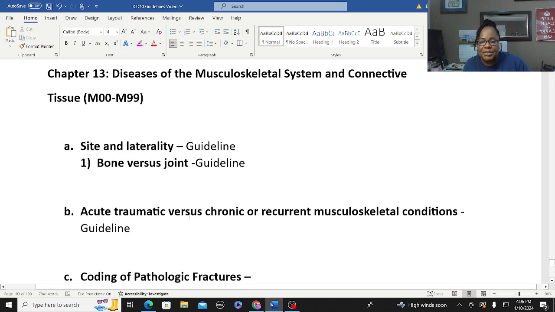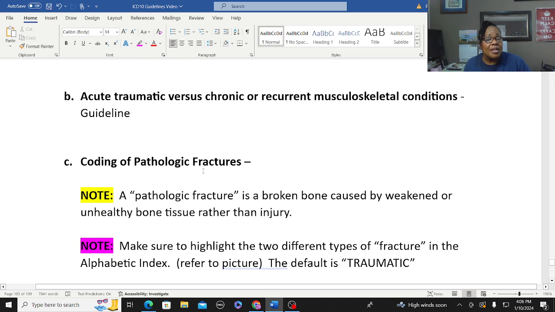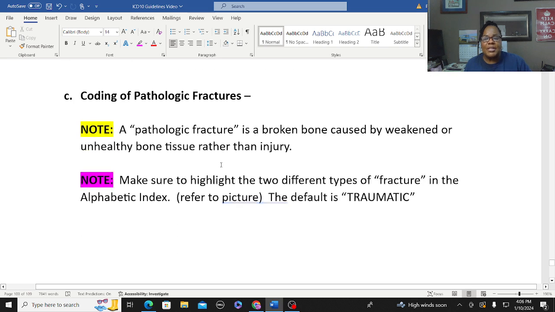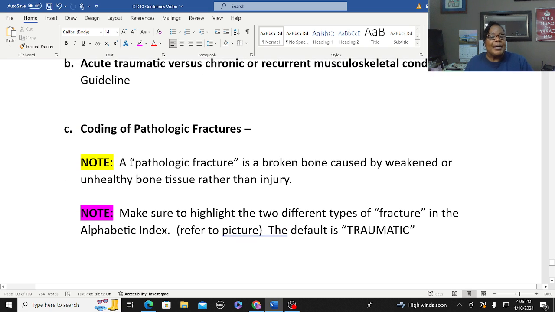All right, let's go to C, coding of a pathologic fracture. So first, I got a couple of notes here. My first note, a pathologic fracture is a broken bone that's caused by weakened or unhealthy bone tissue rather than injury. So understand that usually in your elderly, due to their vitamin D deficiency, their bones tend to weaken and they end up with osteoporosis or other conditions that can weaken the bones.